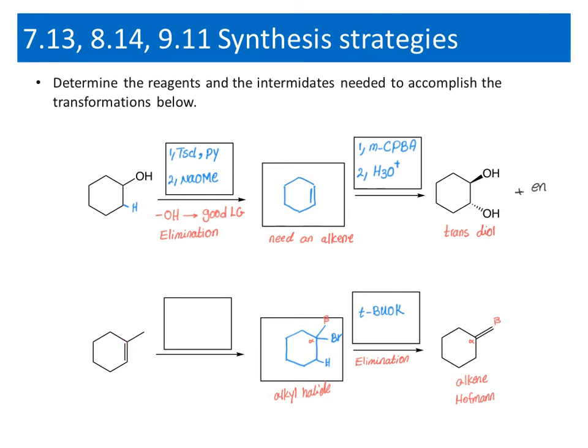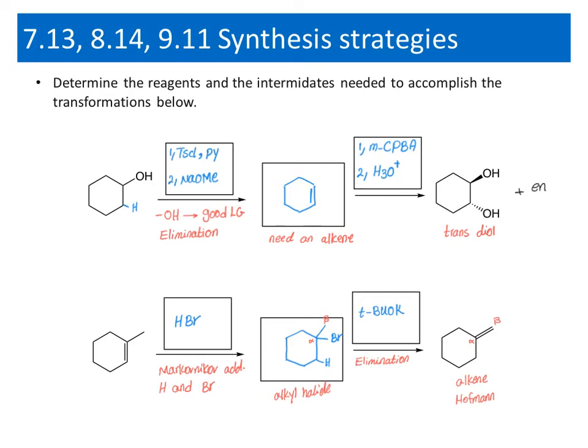So this is a Markovnikov addition of hydrogen and bromine across the double bond. And in order to complete this process, we need a reagent such as HBr. So this is a hydrohalogenation process.